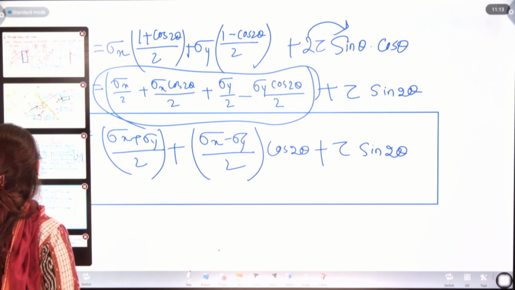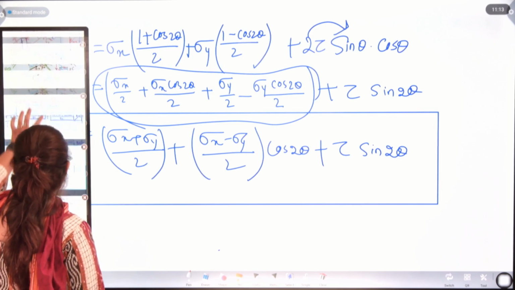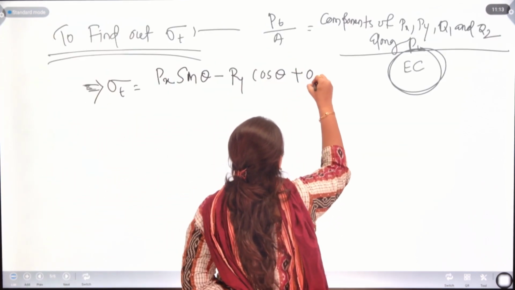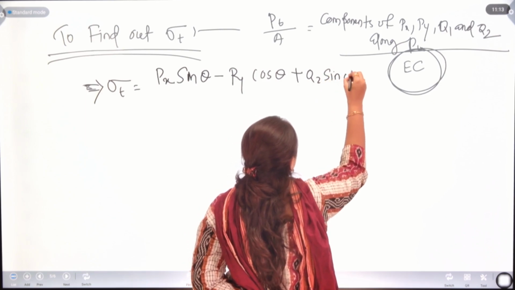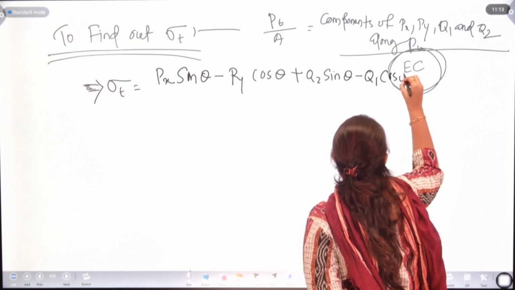Q2 sin theta and Q1 cos theta. Plus Q2 sin theta minus Q1 cos theta.